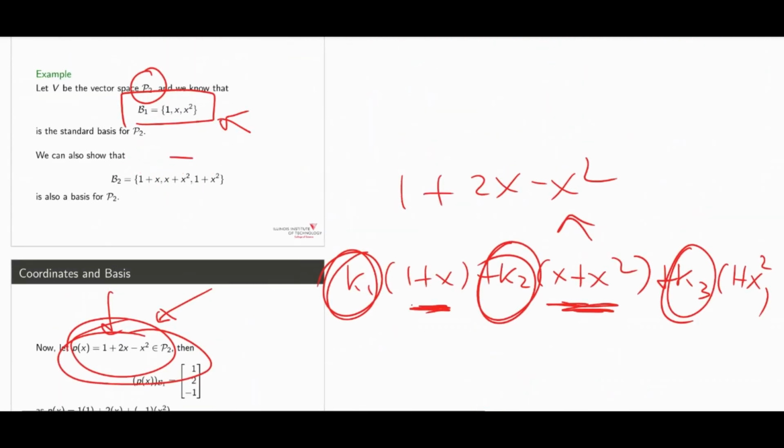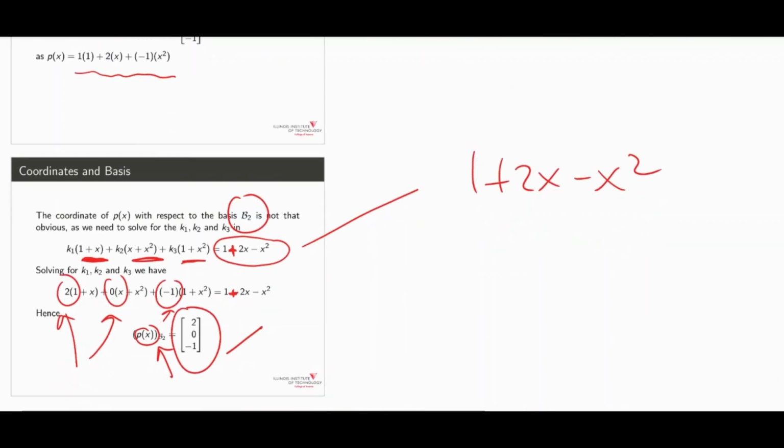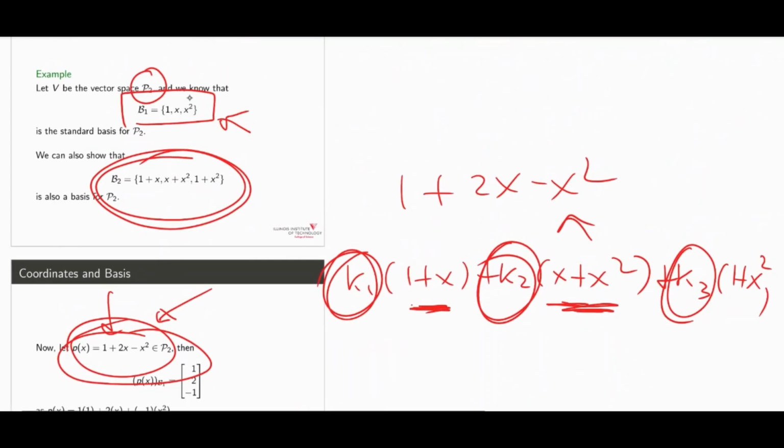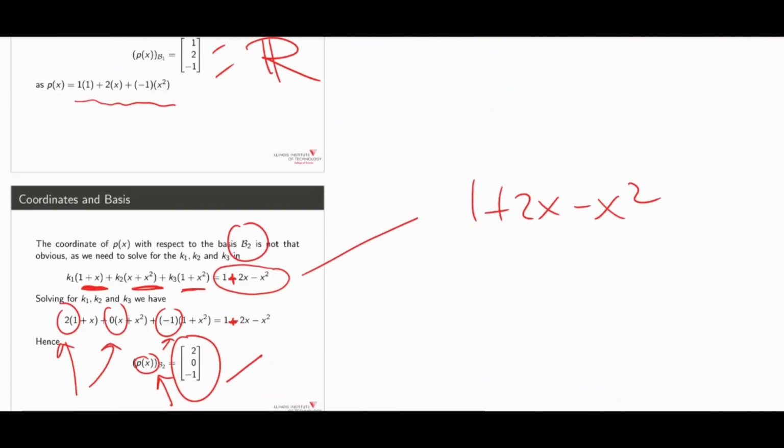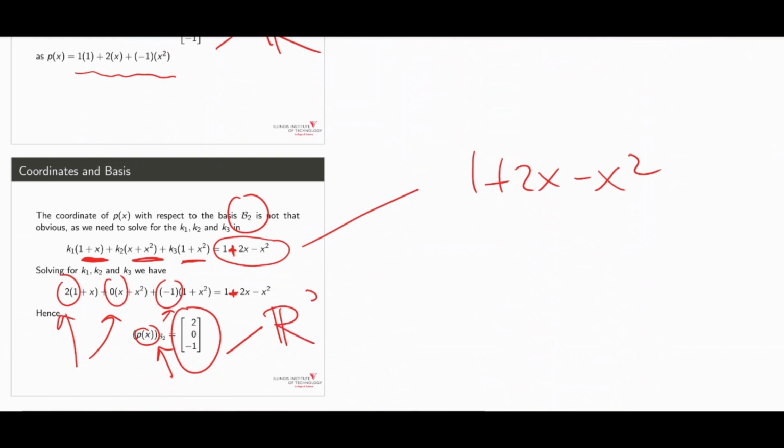For the same polynomial, the coordinate relative to basis B1 is 1, 2, -1. But in any case, your labeling is always an element of R3 in this case. So that's the concept of coordinates. Not very difficult at all. Once you have a basis, you can always find a coordinate for vectors in that vector space.